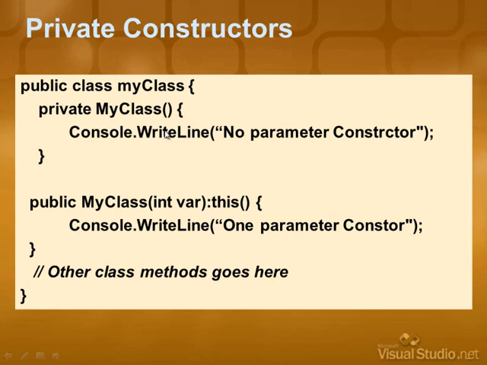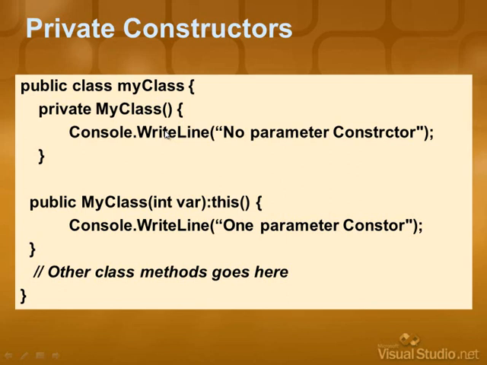If you don't want somebody to instantiate your class, if you don't want somebody to create an object out of that class, just create a private constructor. If you create a constructor as private, it is not possible for them to instantiate that object. So they can't create an object out of your class.